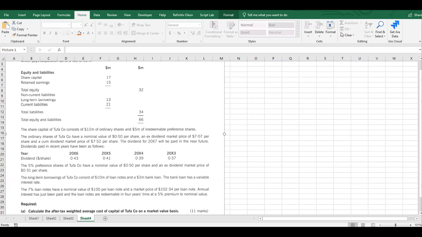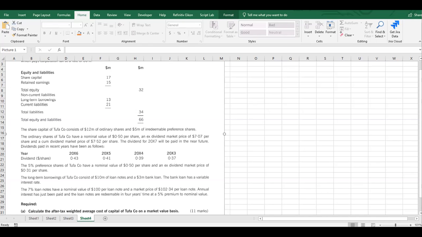Ex-dividend market price is 7.07 and cum-dividend market value is 7.52. The difference between cum-dividend and ex-dividend market value is the current dividend. The dividend of 20x7 will be paid in the near future and the previous dividends are given. 5% preference shares have a nominal value of 0.5 and ex-dividend market price is 0.31. Long-term borrowing consists of $10 million of loan notes and $3 million of bank loan. Bank loan is a variable interest.